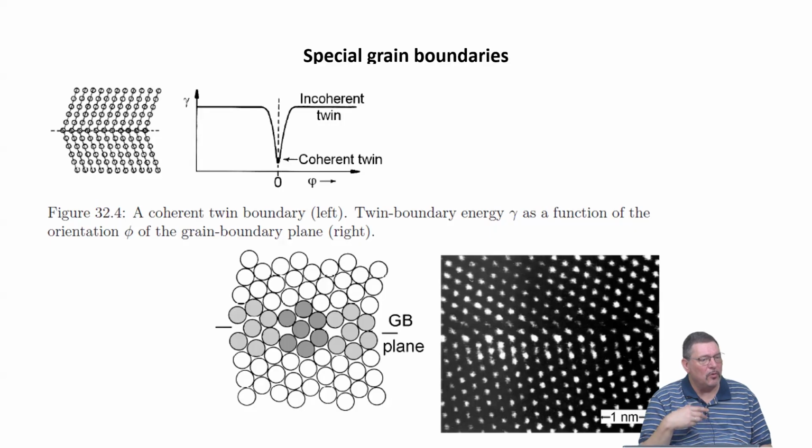So there is almost no defect there, because all the positions of any atom in this configuration is a lattice position of the original lattice. However, orientation changes, so the grains do not continue ad infinitum as in a single crystal, and this is why there is a small energy penalty.